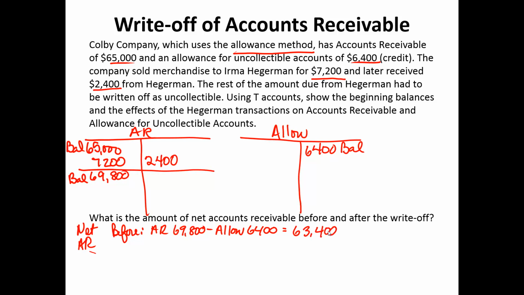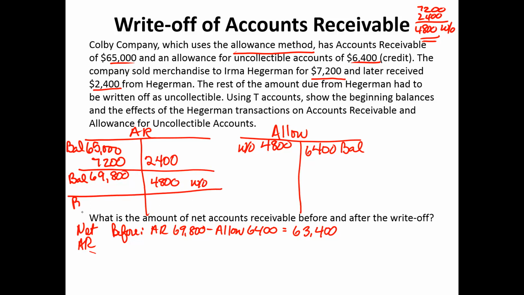Now, when we do a write-off, we have to figure out first how much we need to write off. Irma owed us $7,200. She paid us $2,400, so she still owes us $4,800, and that's what we're going to write off. We know that a write-off is a debit to the allowance for $4,800 and a credit to accounts receivable for $4,800.